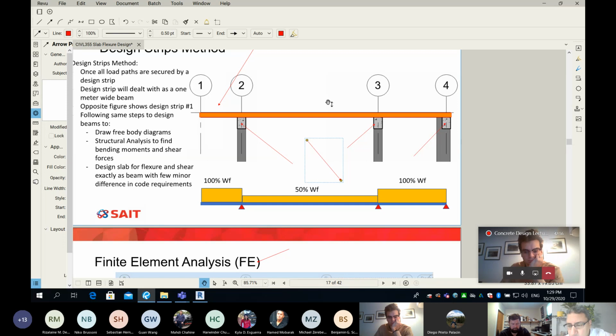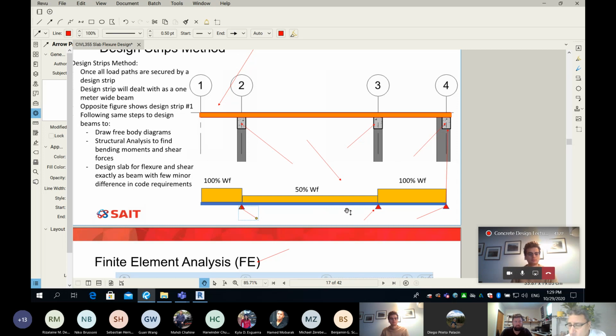And it's very simple. It is kind of an abstract. We abstract reality. So on the top here, that's the reality. That's the slab and the supporting beams. How about on the bottom here? That's an abstract. We're saying here that I have a support here, which is this beam, and a support over there, and that's it. And my design strip in blue is simply going on top of those as a continuous beam.